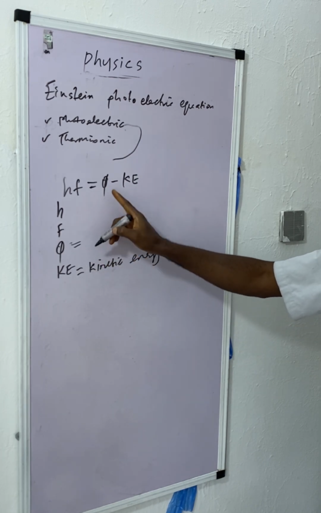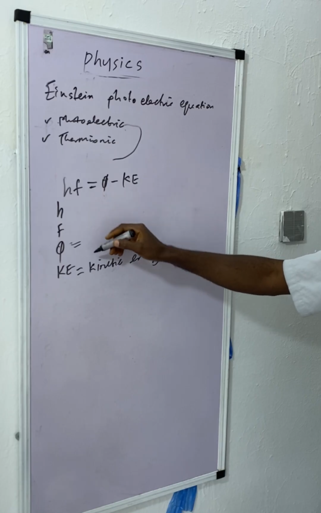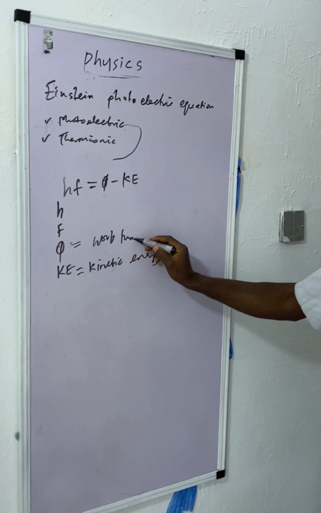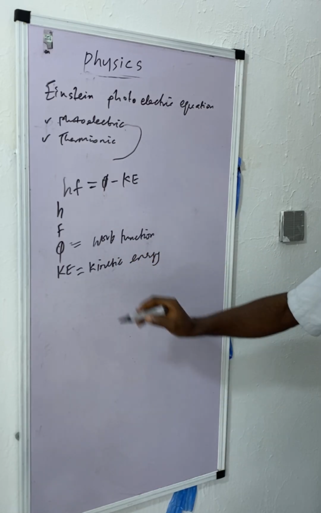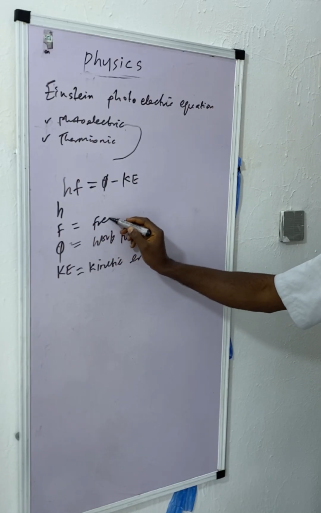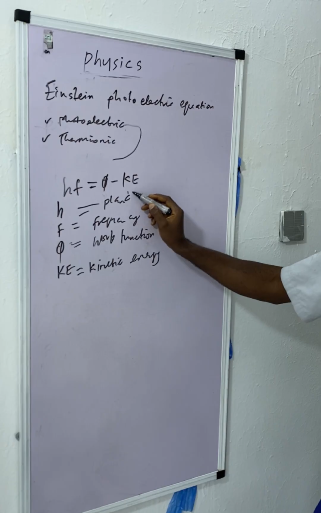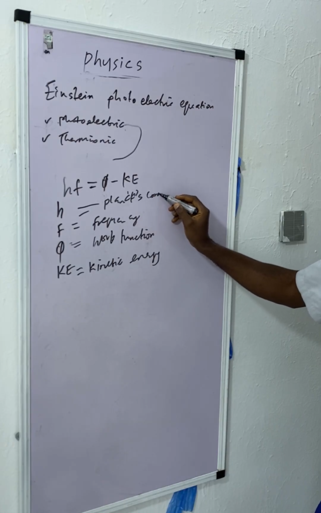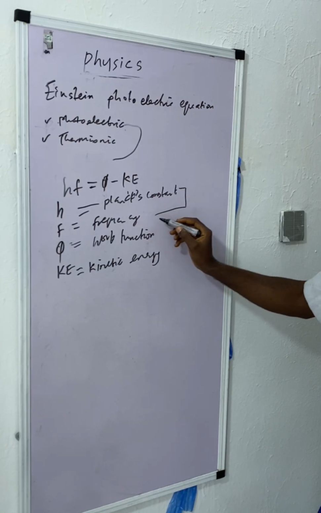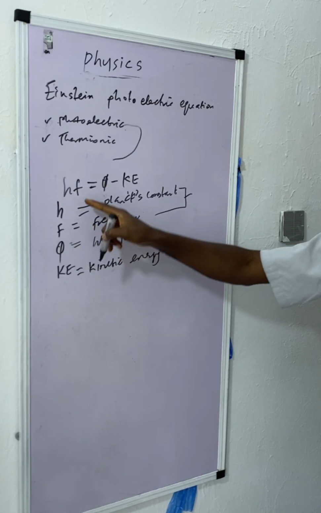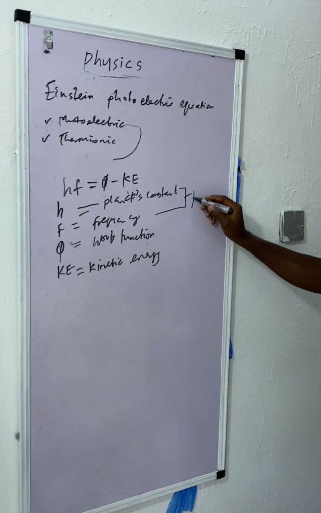This is equal to, what's this called? Work function. All right. This is equal to frequency. This is equal to Planck constant. So this together, HF, as represented here, is known as what?